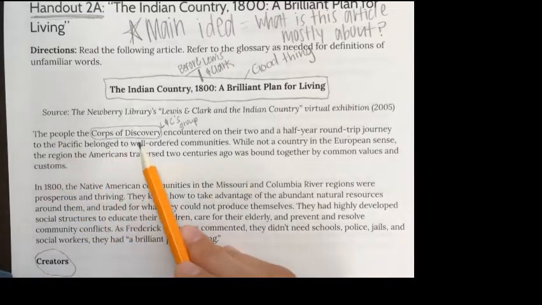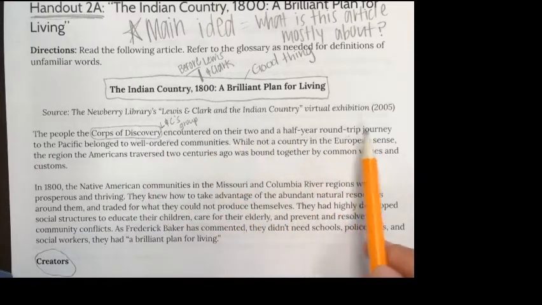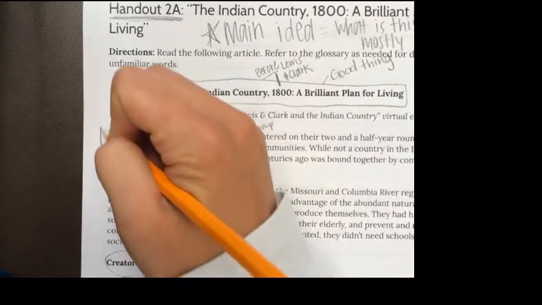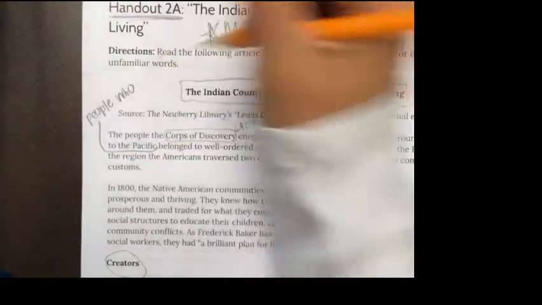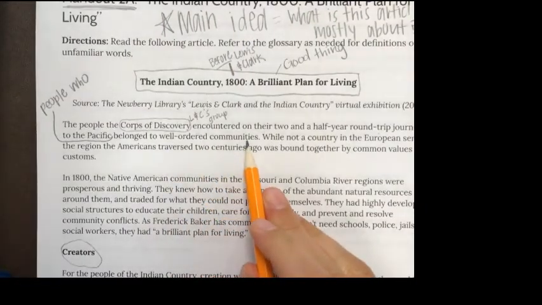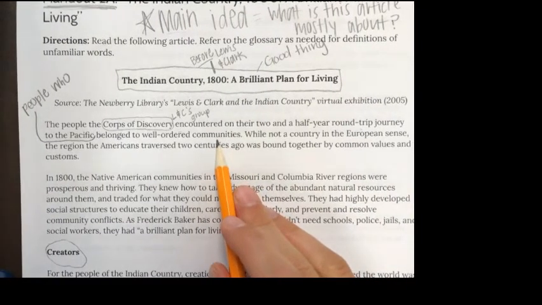So the people of the Corps of Discovery encountered on their 2.5-year journey to the Pacific. This should say people who belonged to well-ordered communities. So that would be a good thing, right? So they met people who belonged to communities that were well-organized.